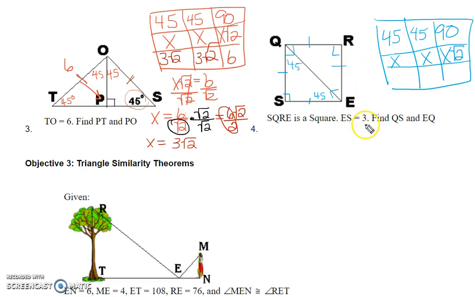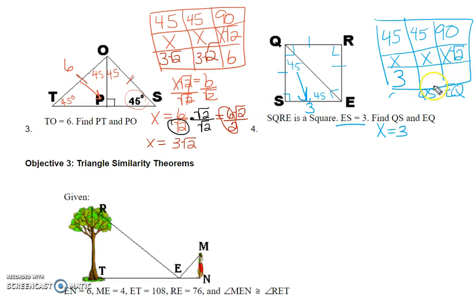This time they tell me ES is 3, and they want me to find QS. QS is the other 45. I'm going to write QS here, and then EQ is across from the 90. So the 3 is across from 45. That means 3 goes here underneath the 45, and my equation is x is equal to 3.